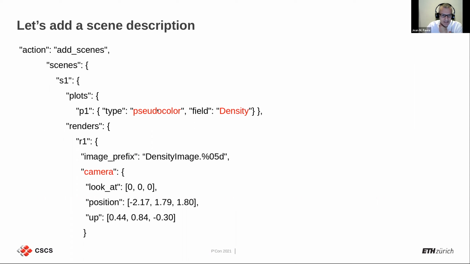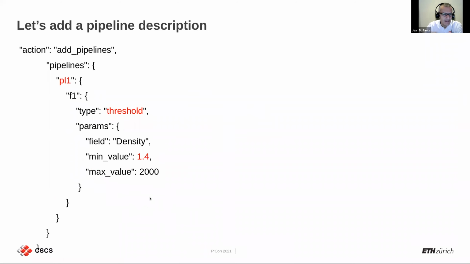I have again a scene with a pseudo color plot with the field density. I can set up my camera, as you can see here, with a particular position and look-at point. I can add a pipeline which will do the same threshold operation I did with ParaView-Catalyst. So there's the pipeline definition, a threshold, which takes a minimum value of 1.4 and a name for the density field.